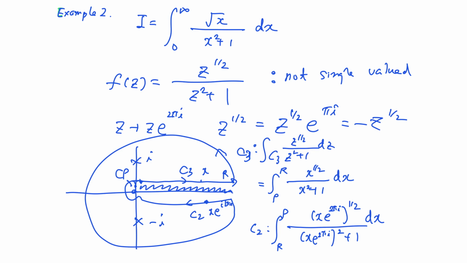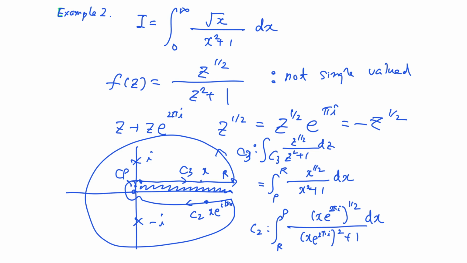So this integral is just above the x-axis. So you can say this is x, right? And this one is the square root of x over x squared plus 1.